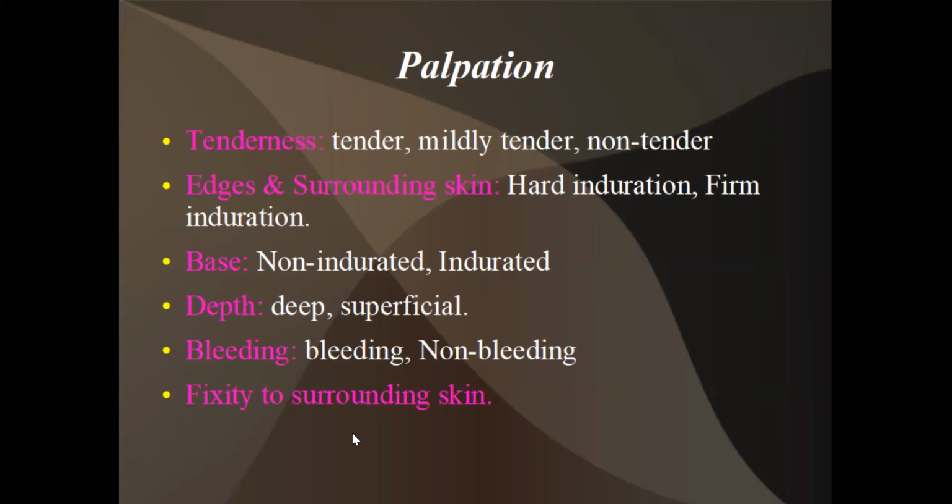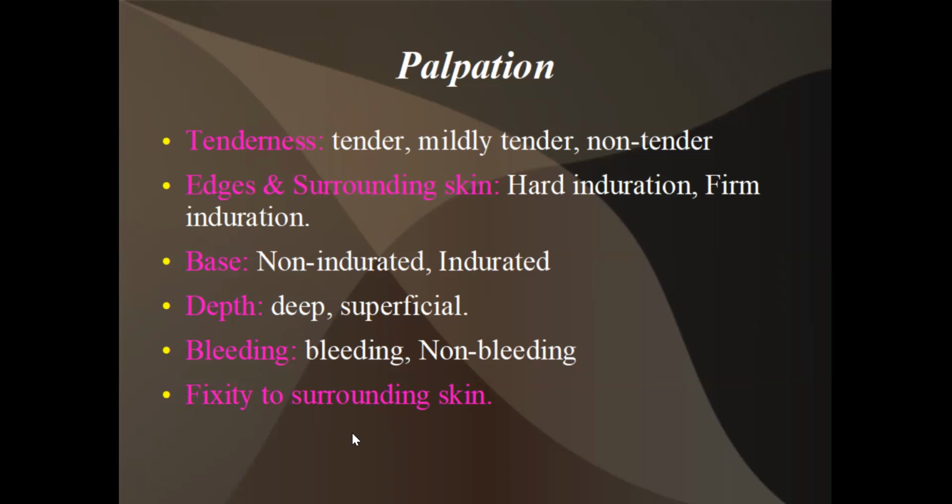Now, to confirm the findings of the inspection, there is palpation. Palpate for tenderness, whether it is tender, mildly tender or non-tender. I have already told about the basic etiology. Induration of the edges and surrounding skin is present in chronic ulcers. I have seen it in pressure ulcers because of massive fibrosis under the surrounding skin.